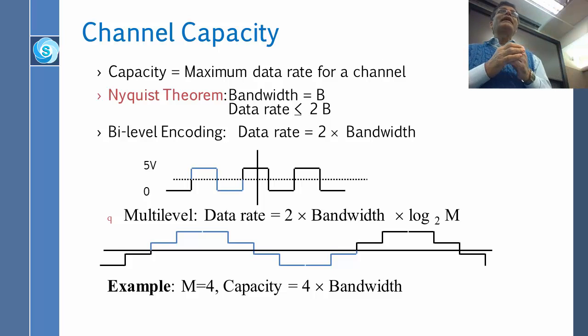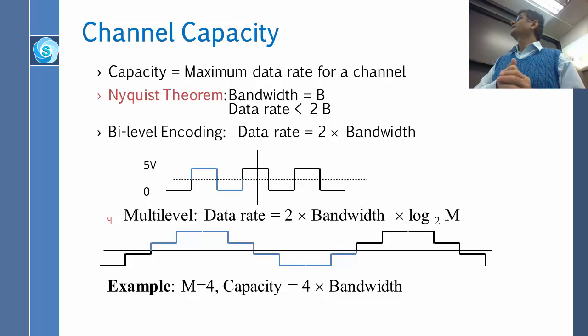So the bandwidth is 1/8 of a cycle per second, right? And 4 times that would be 1/2 of a bit per second, 2 bits per second. Capacity is 4 times.